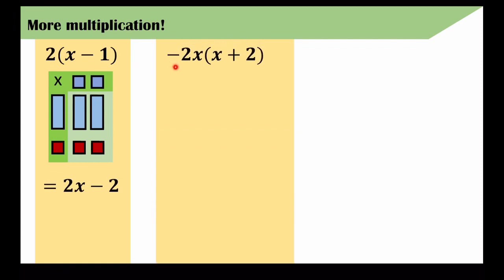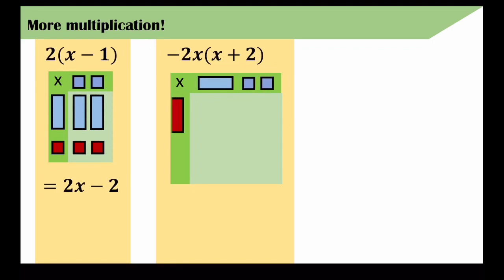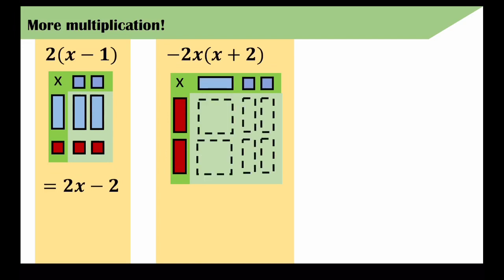Let's try this one, -2x times x plus 2. So there's our x plus 2. And there's our -2x. Okay? So it's like a puzzle piece again. You can see my x length times my x length is going to create a square.